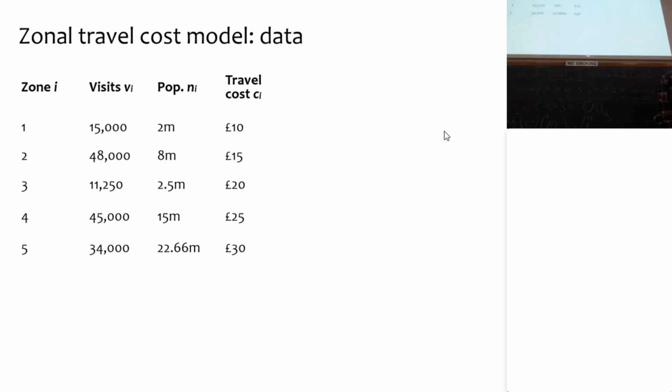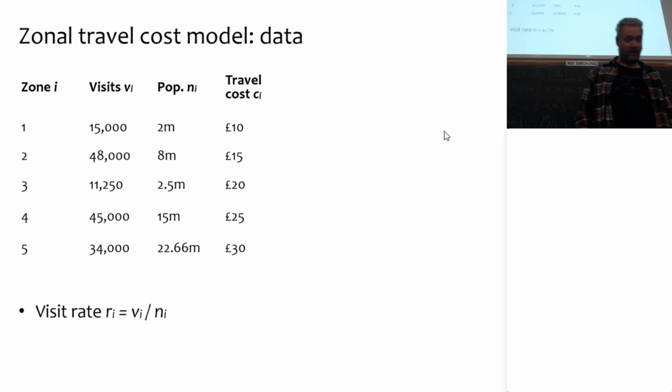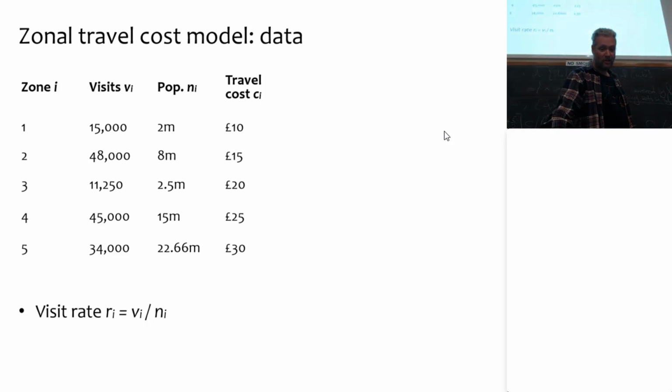You of course want to know how many people are there in those zones, and that's given here as well. And then you want to figure out how much time and money did they spend on getting there. So that's £10 for people from zone 1 and £15 on average for people from zone 2, and you see that it gets more and more expensive as you get further out. You can define a visit rate. That's just the number of visits over the number of people who could have potentially visited, and that is the number of people in the zone.